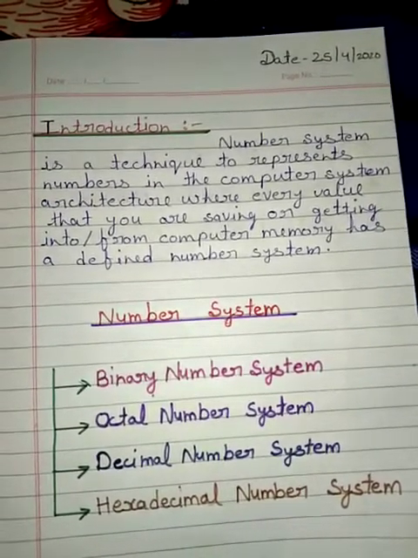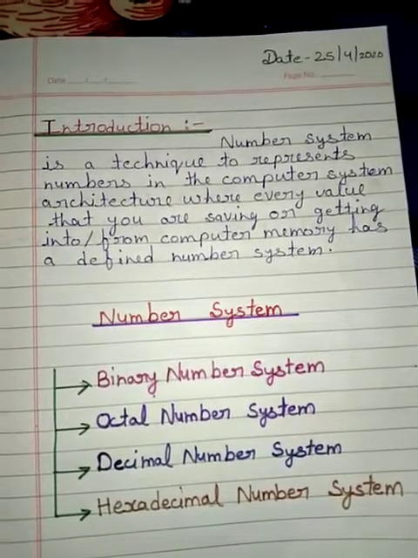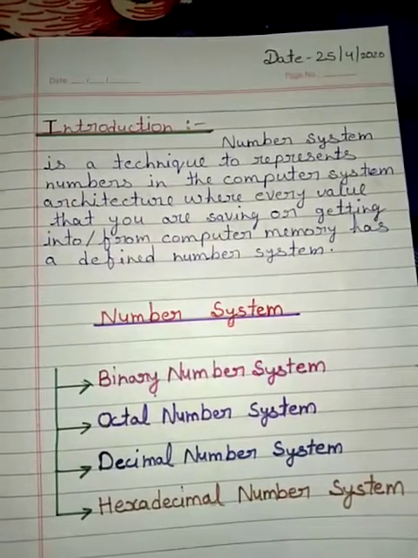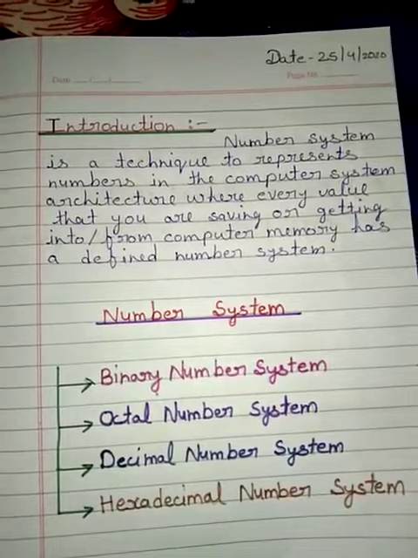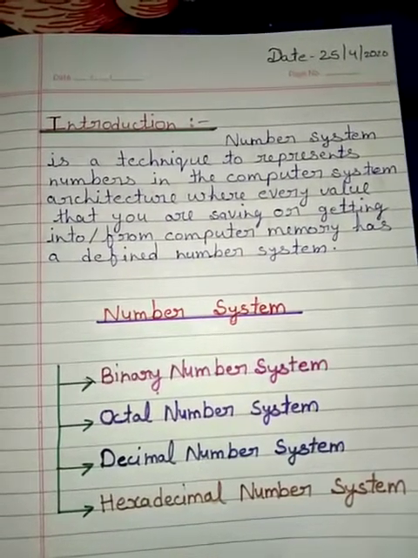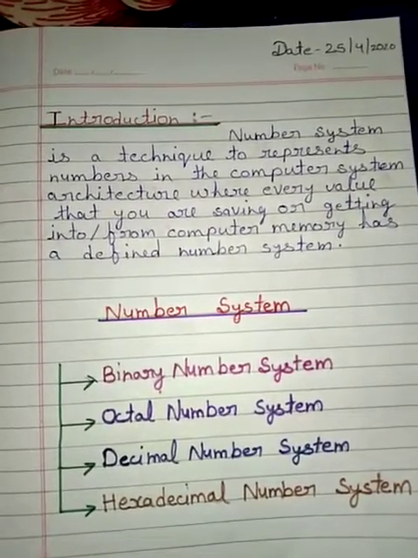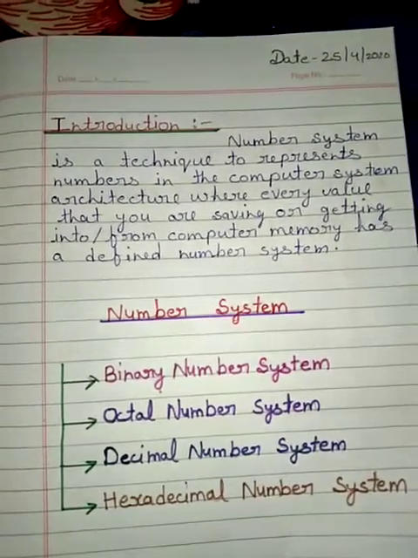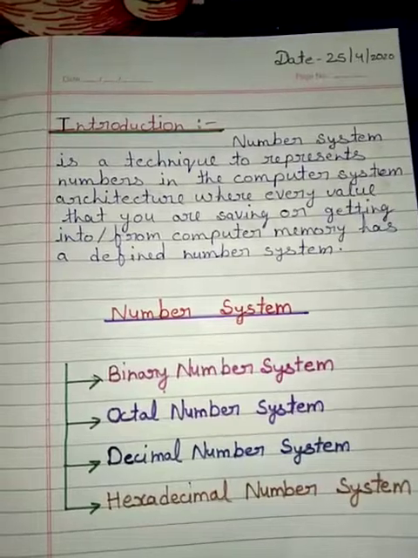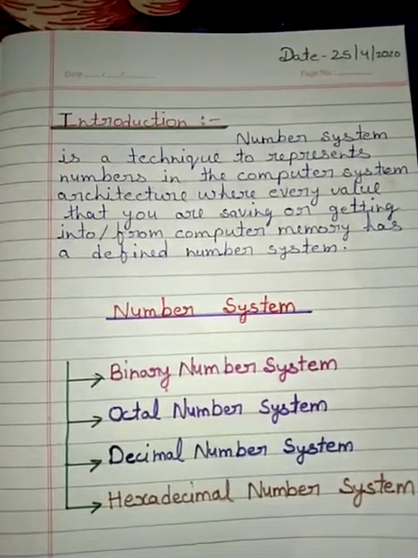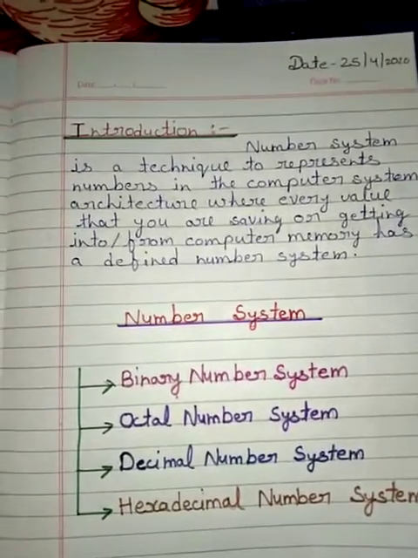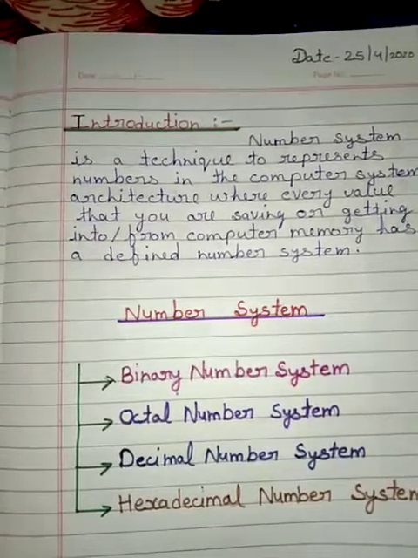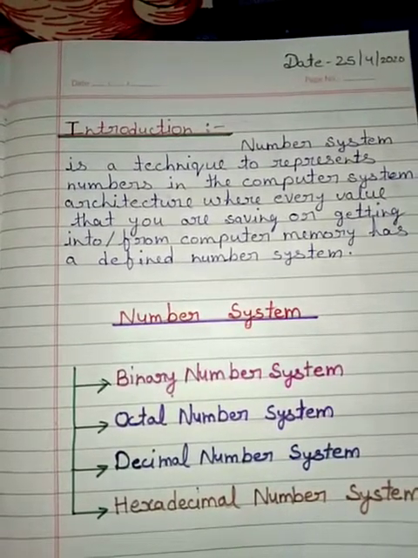Third is the decimal number system. The number system that we use in our day-to-day life is the decimal number system, which has 10 symbols. You know that also. These are 0, 1, 2, 3, 4, 5, 6, 7, 8 and 9. The position of every digit has a weight, which is a power of 8.